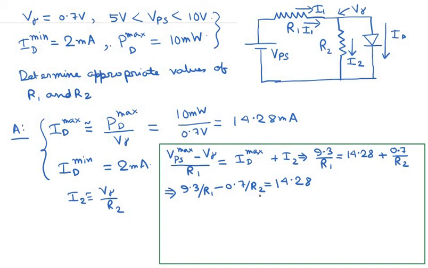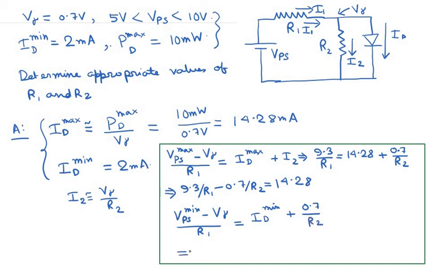We can write another equation when the diode current is minimum, and again just as before, the diode current is minimum when this voltage source VPS is at its minimum value. So (VPS min minus V gamma) divided by R1 is equal to ID min, as I stated that when VPS is at its minimum value, the minimum current flows through the diode because the current I2 is constant, plus 0.7 divided by R2.